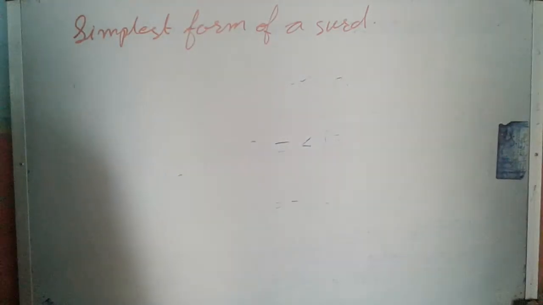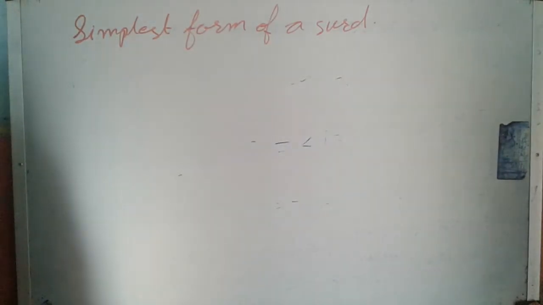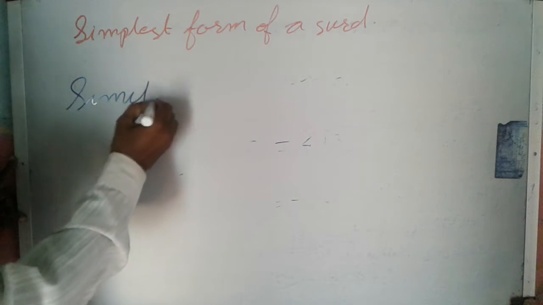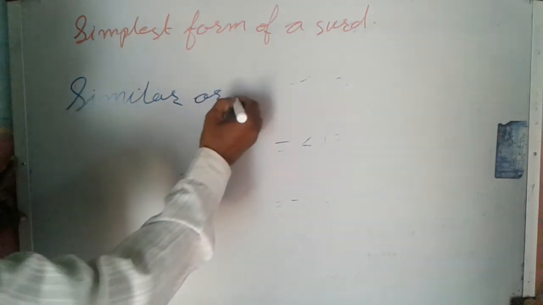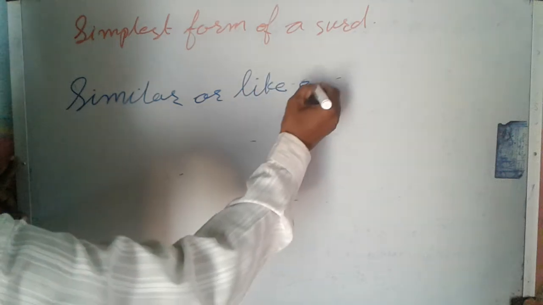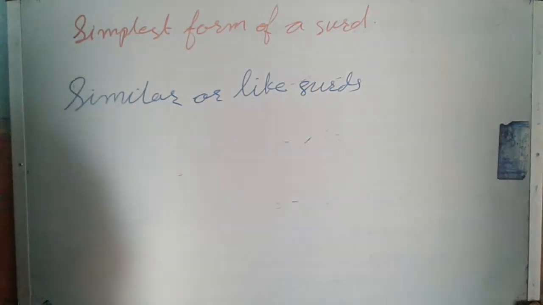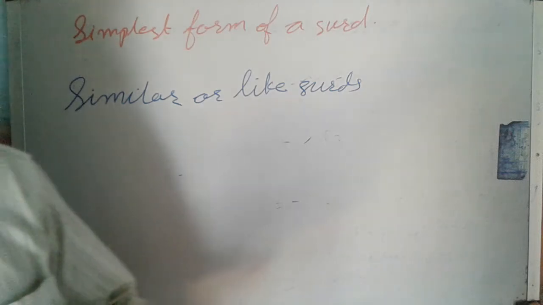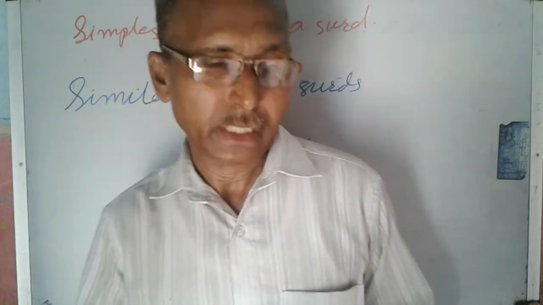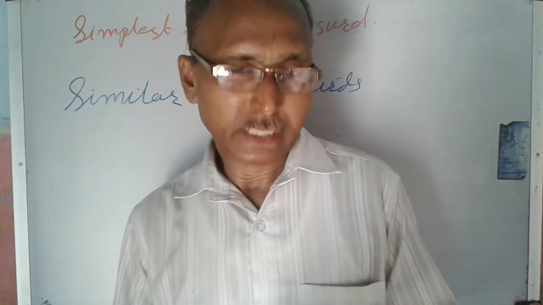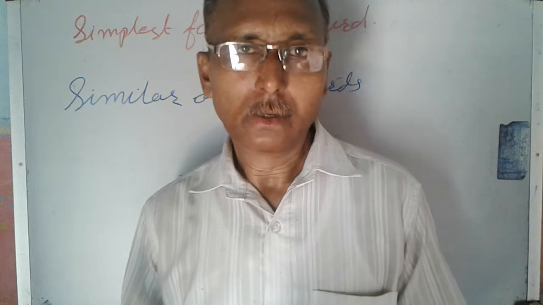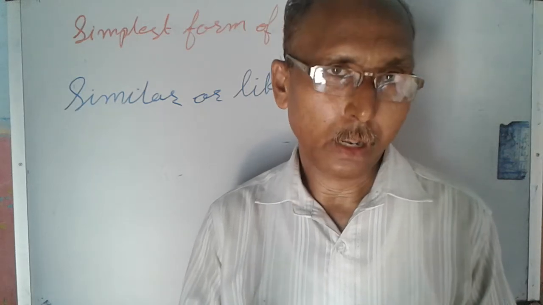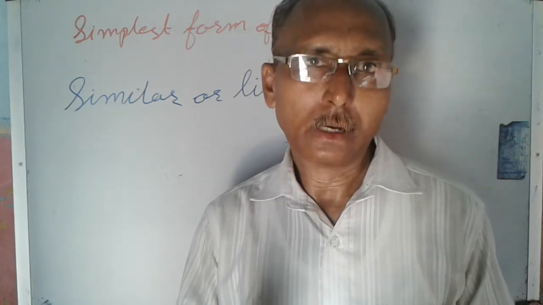Now the like surds or similar surds. Like surds or similar surds means two surds are said to be like surds or similar surds if their order is equal and radicands are equal.